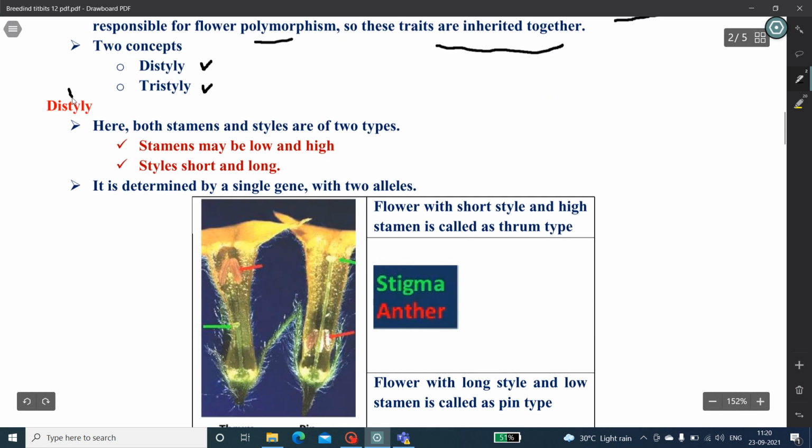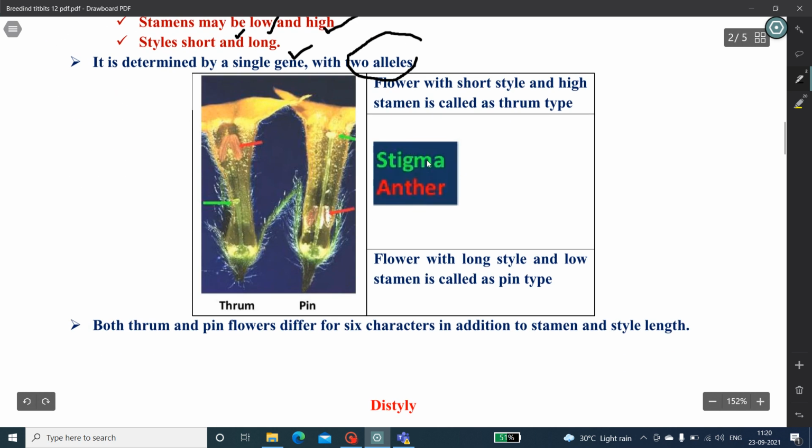Regarding distyly, both stamens and styles are of two types. The stamen may be low or high, and styles are short or long. It is determined by a single gene with two alleles. There are two types in distyly: thrum type and pin type.